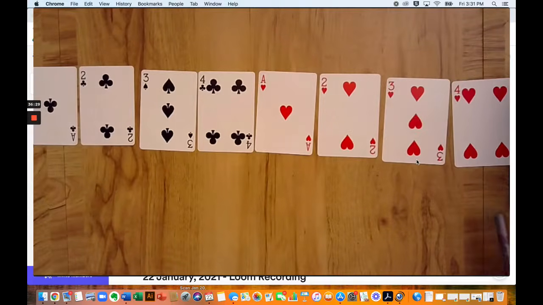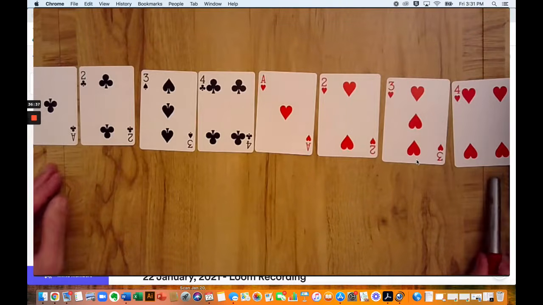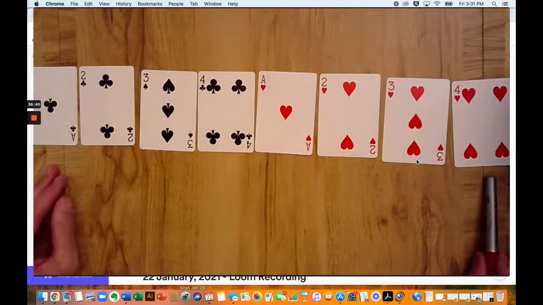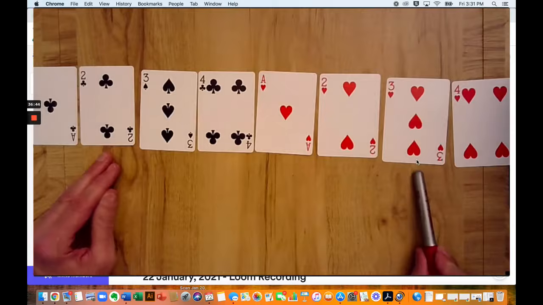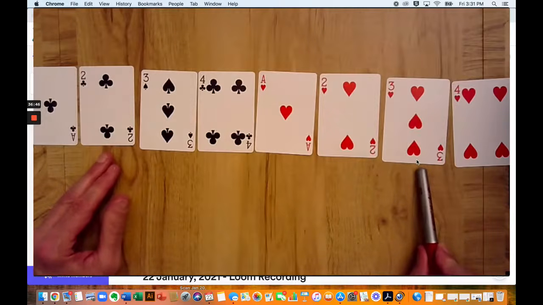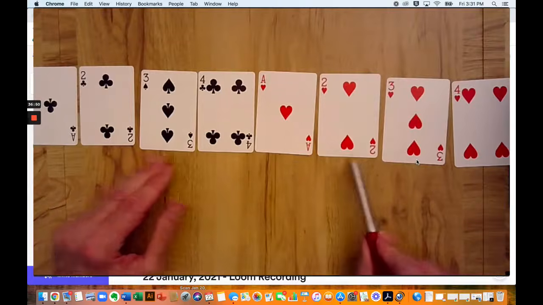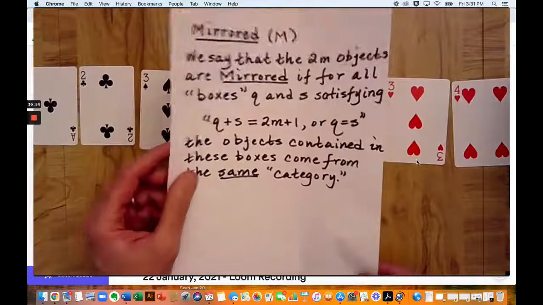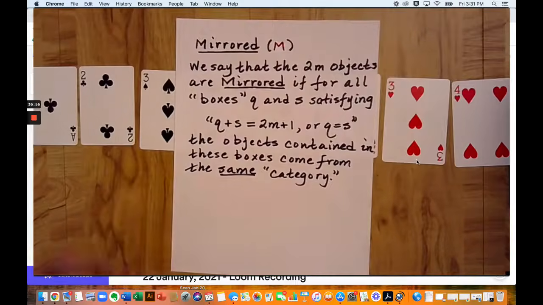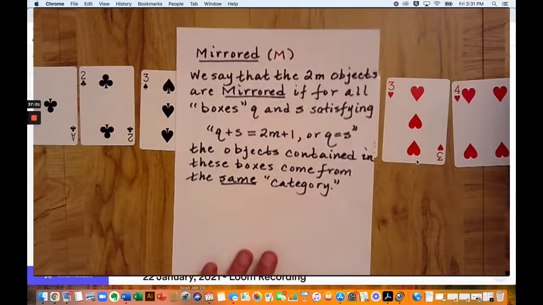So we are requiring that position 1 and 8 have cards in them whose card values add to 5. We are requiring that the cards in position 2 and 7 have values that add to 5, and so forth. So this is actually an example of a mirrored structure if we just change the categorical relation we have in mind.